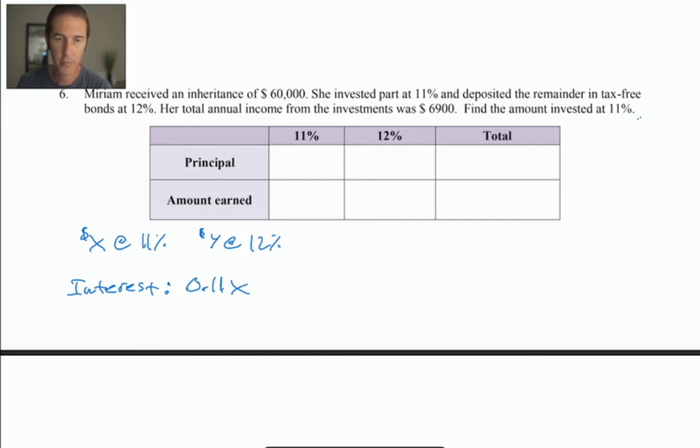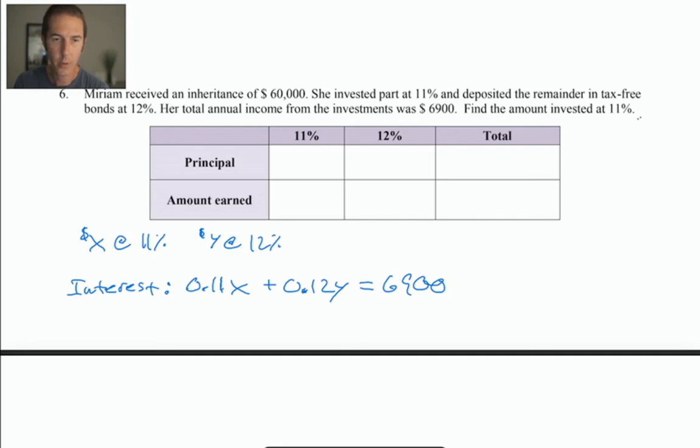So 11%, that's the 0.11, of, that's multiplication, X dollars, there's the X. So we've got 0.11X. That's the amount of interest that she earned on that investment, plus 0.12 times Y. That's the amount of interest that she earned on that investment. And if you add those amounts of interest together, you get $6,900.